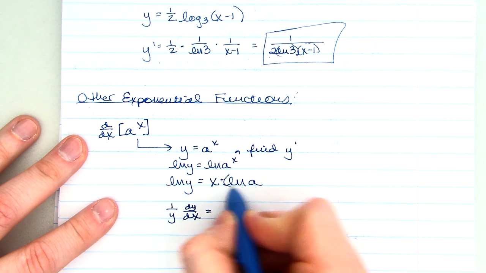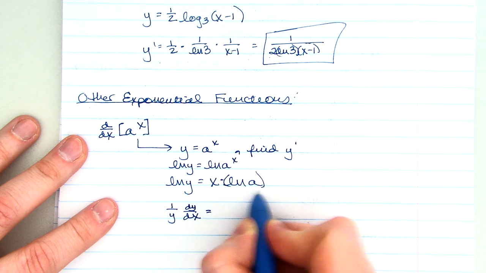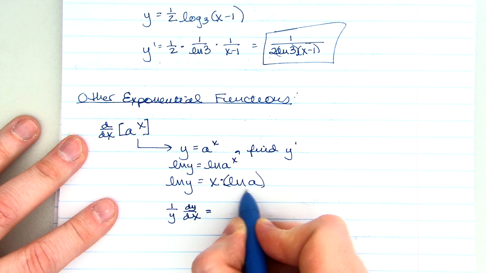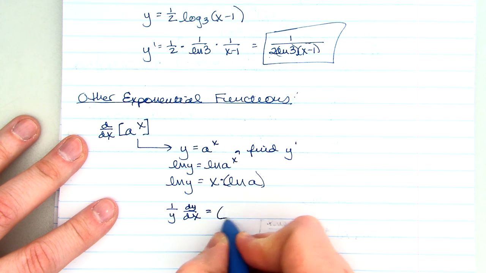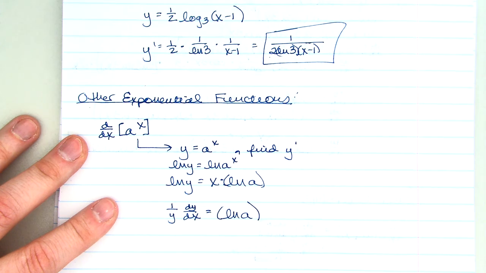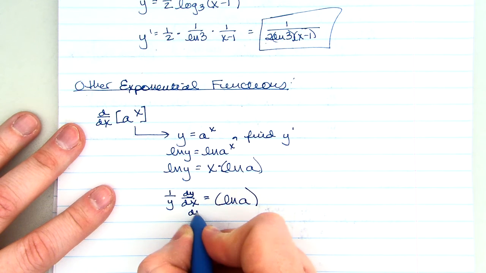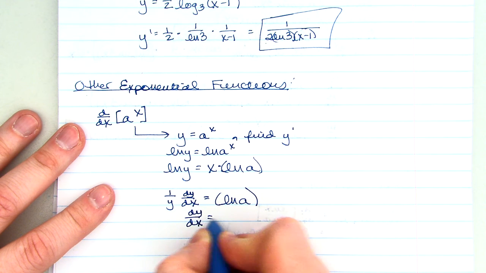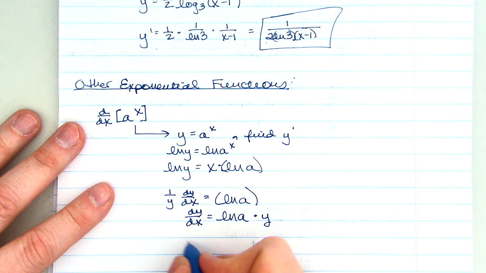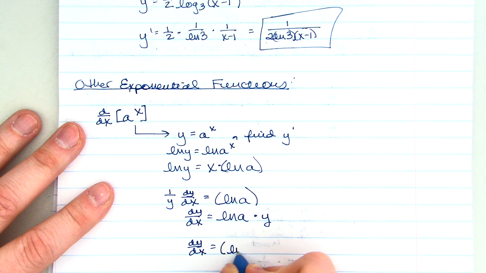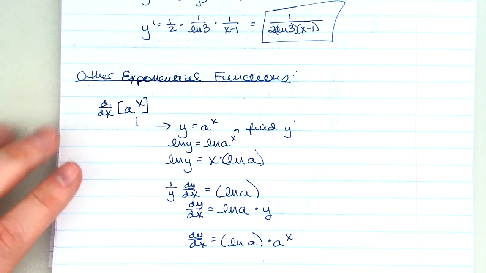But as for this part, natural log of a, that's just a constant. This is really a constant times x. What's the derivative of a constant times x? Just your constant. dy dx equals the natural log of a times y, or we can say dy dx equals the natural log of a times a to the x.